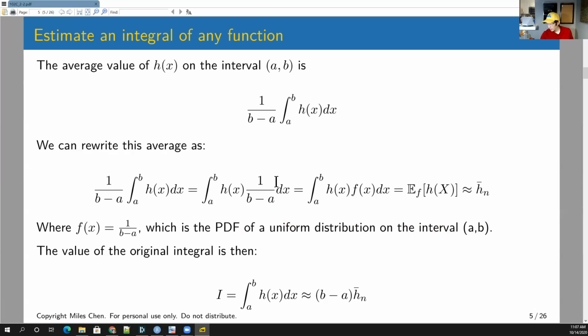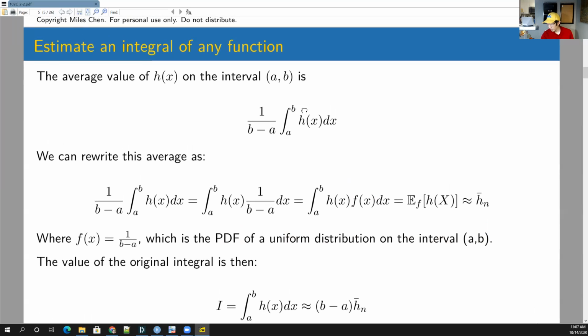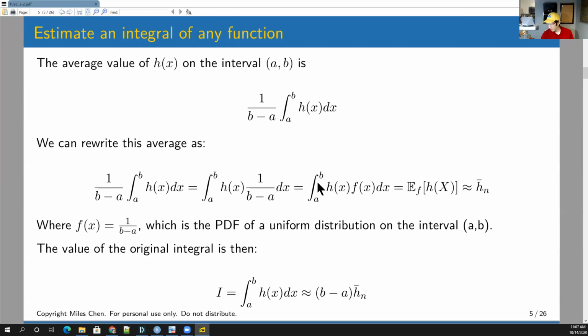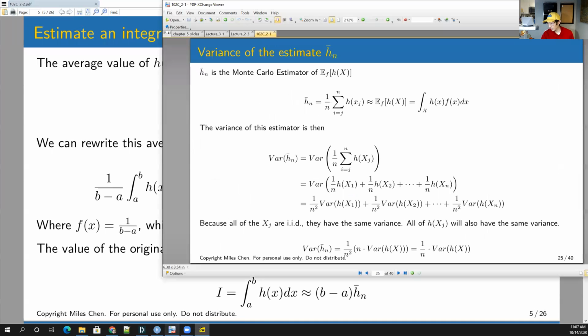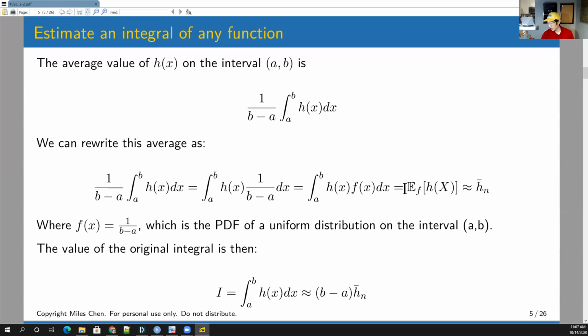So this can be written as the integral of h of x times f of x. From Monte Carlo integration in Monday's lecture, that is equal to the expectation of h of x, where x is a random variable with PDF f.